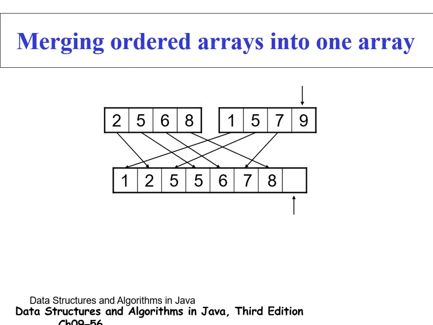But again, this may have many items. We need a loop. Okay, so here we need a loop, for or maybe a while. While point B is still less than B dot length, then we copy point B at point B to C, and point B plus plus.